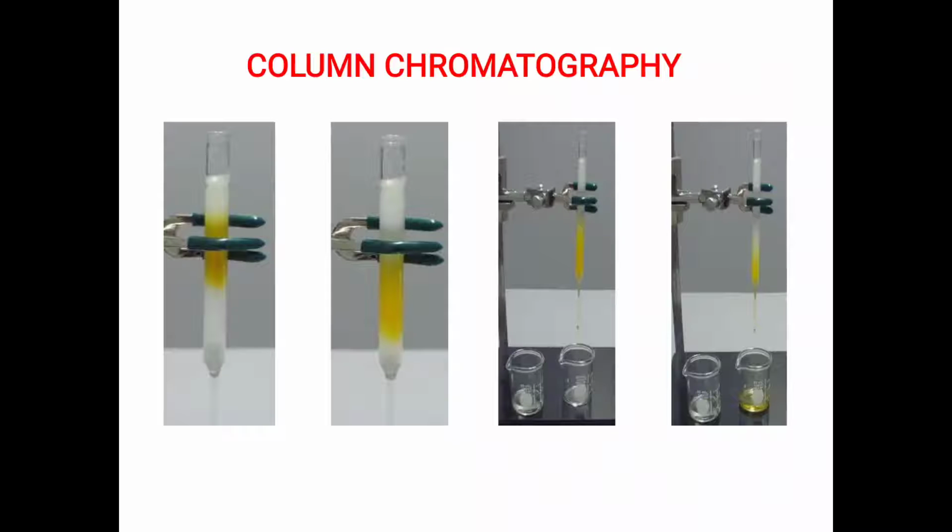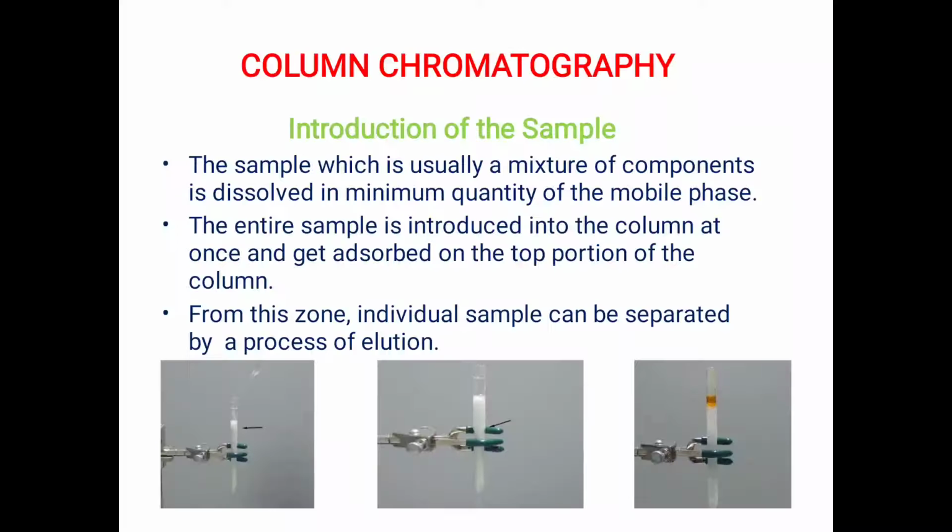Here the column is packed and fixed to the stand, and the sample which is to be separated is added here. Now band formation takes place. You can see the different zones formed here, and these are collected separately as fractions in separate collecting containers.